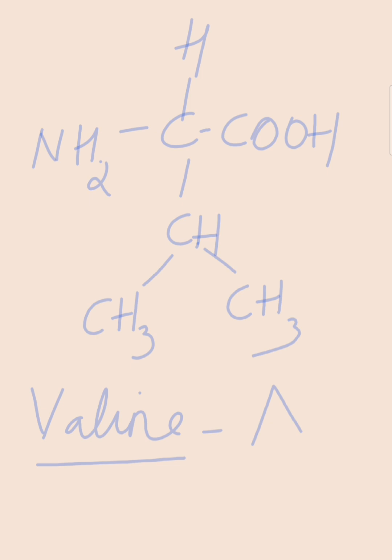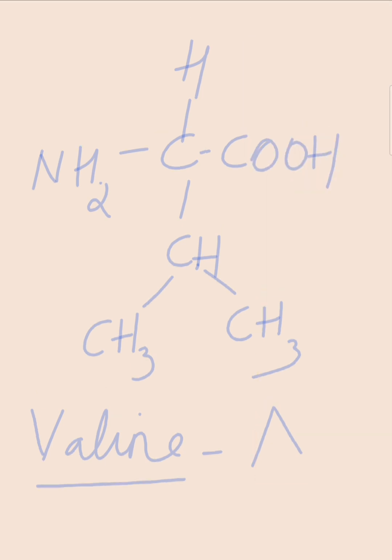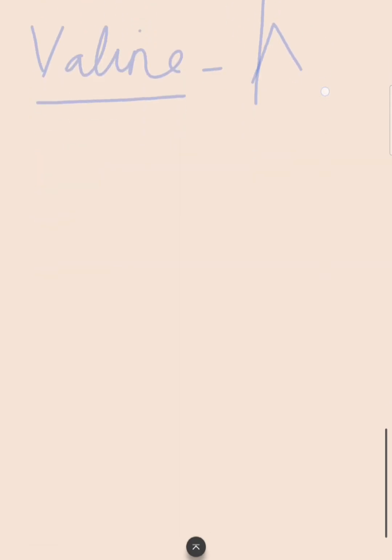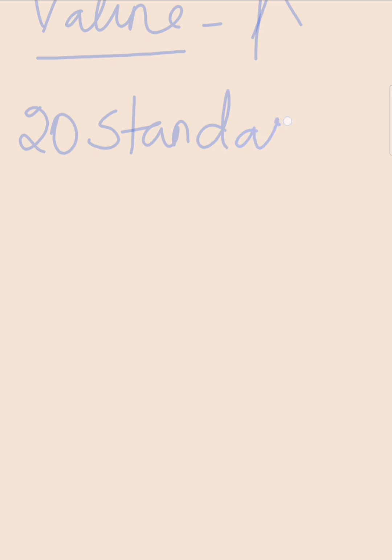If I'll be very particular about the amino acids in our human body, there are around 20 standard amino acids. Now you must be wondering, only 20? Do you think there are more?